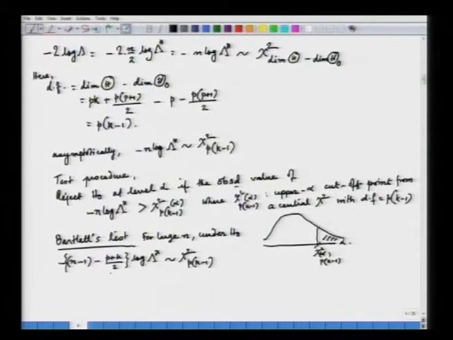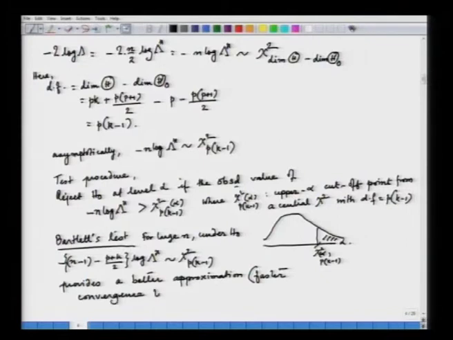So, this Bartlett's test provides a better approximation, in the sense of faster convergence to the central chi-square distribution.